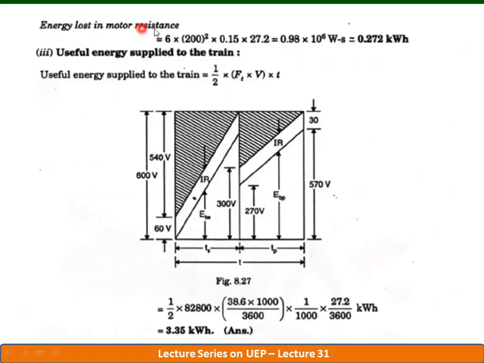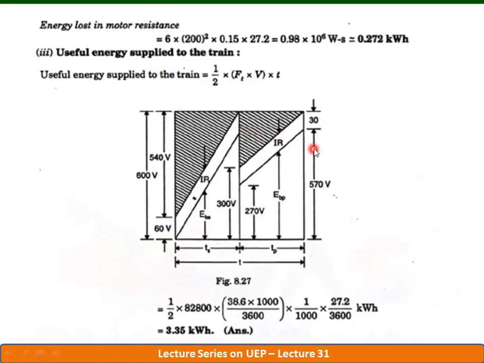So energy lost in the motor resistance is 0.272 kilowatt hours. The useful energy supplied to the train is half F T V into T, half into 82,800, where velocity is converted into meter per second, 38.6 into 1000 divided by 3600, into 1 by 1000, into 27.2 divided by 3600 kilowatt hours.